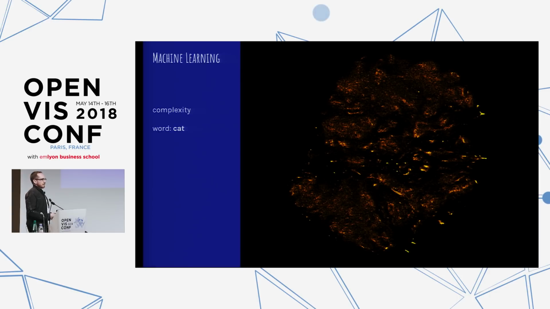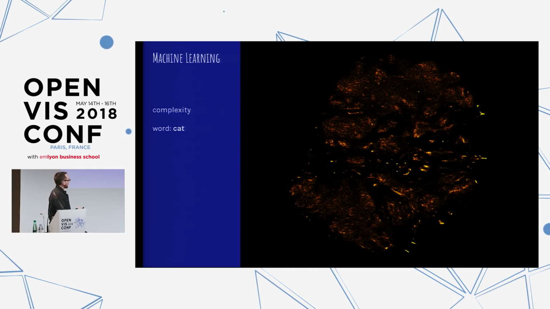So let's get back to the idea of studying the complexity of our drawings, right? If we use the word for cat, and instead of looking at the number of strokes or the duration directly, we can examine the complexity from the perspective of the neural network.